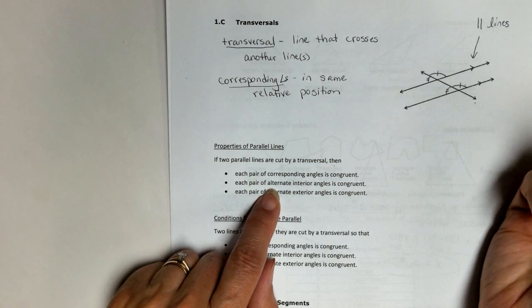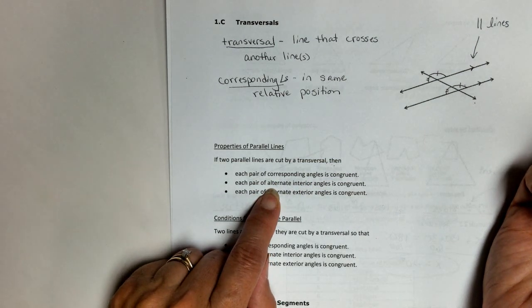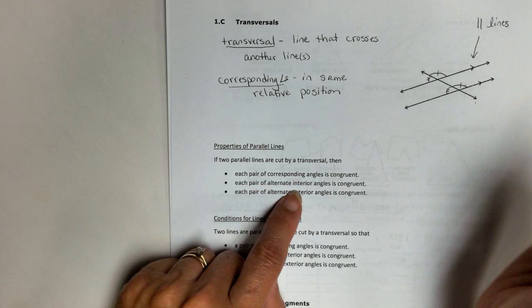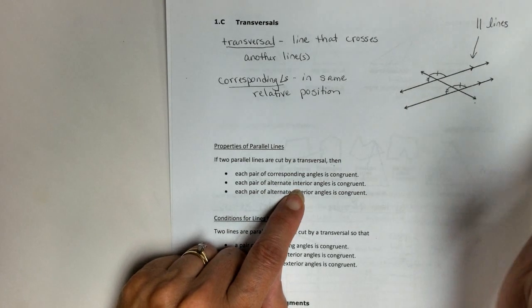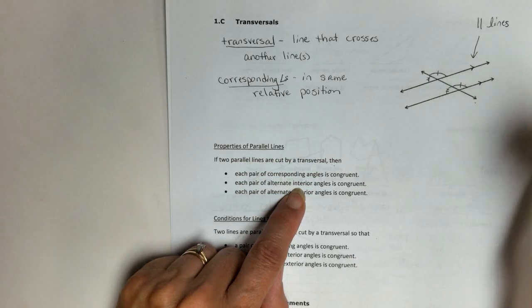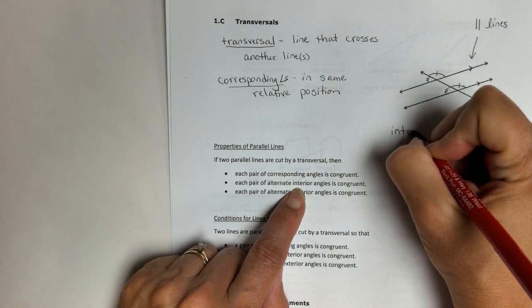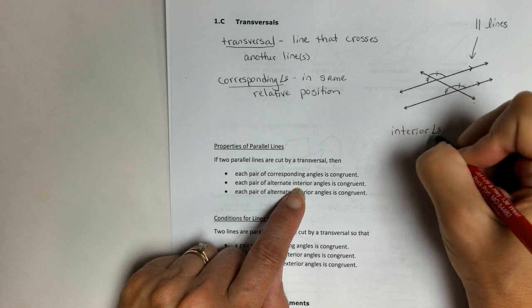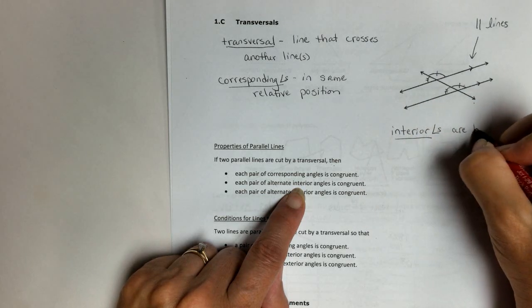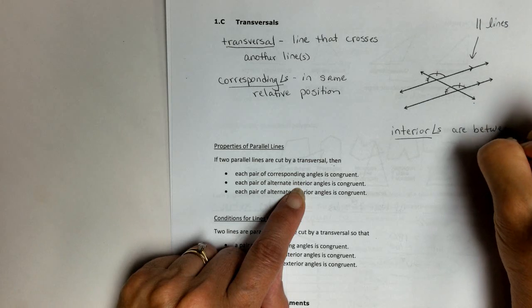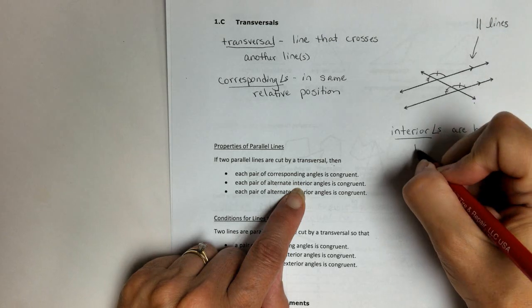Okay, alternate interior angles are congruent. Interior angles are between the parallel lines. I'm just trying to think where to write this. Interior angles are on the inside of the parallel lines.